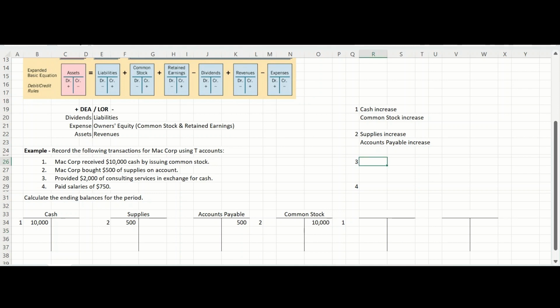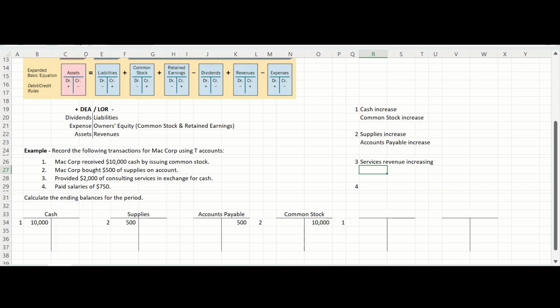All right, next we have the company providing $2,000 of consulting services in exchange for cash. Well, if they're providing consulting services, the $2,000 must be services revenue. And the services revenue is increasing because the services have been provided, so we can recognize it as revenue.